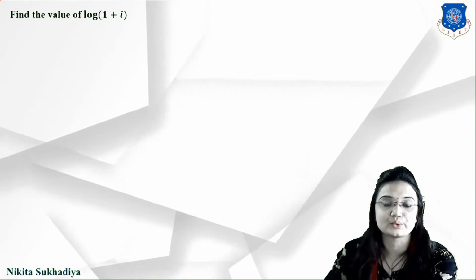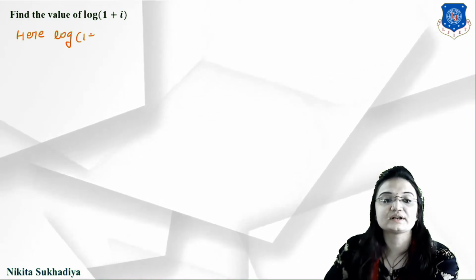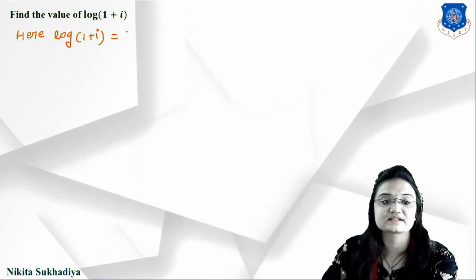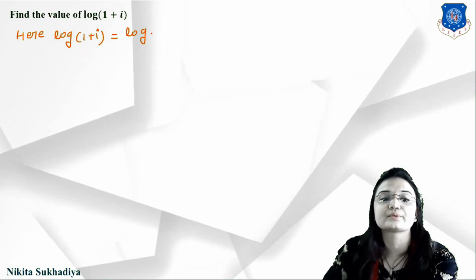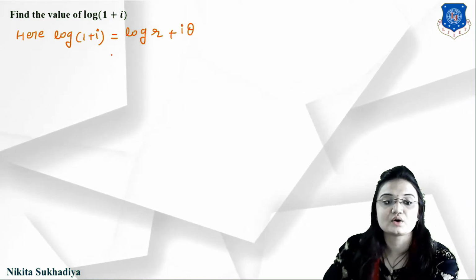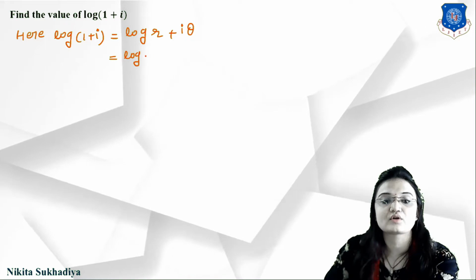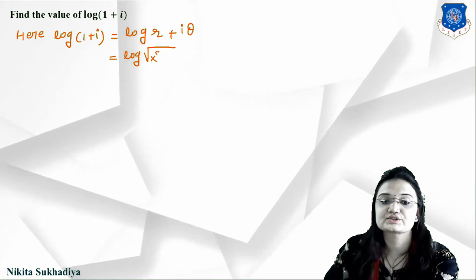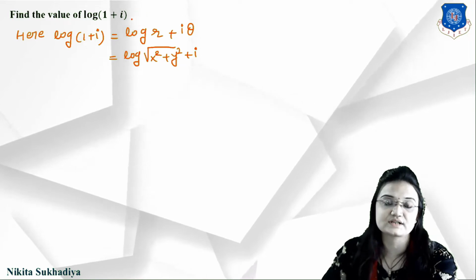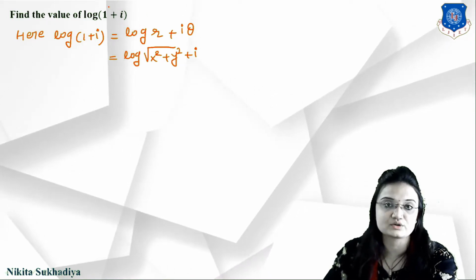Now let us understand with an example: find the value of logarithm of 1 plus i. Our equation for the logarithm of any complex number is logarithm of r plus i theta, that is logarithm of under root of x square plus y square plus i theta, which is according to our complex number quadrant.